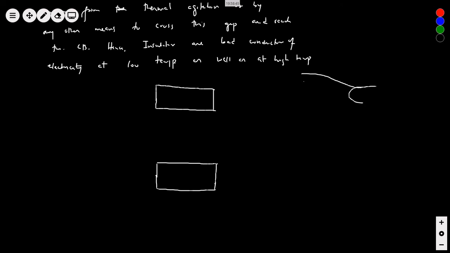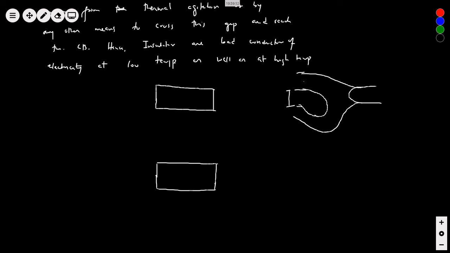From here it went to this, and then here we saw something like that. So this gap I am talking about is very large in that diagram. It is 7 electron volt for diamond, and for normal insulators it is greater than 3 electron volt.